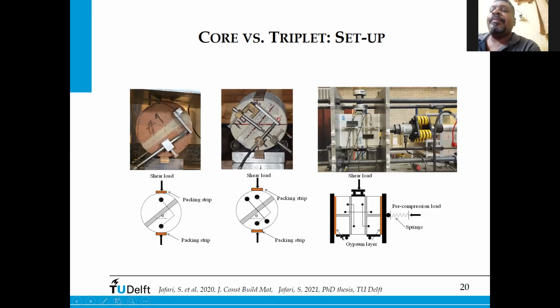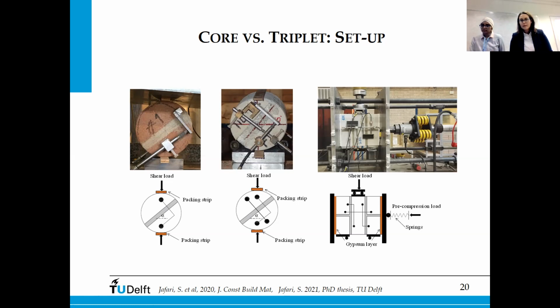Here the pre-compression is applied through a reaction-based mechanism, applied to the entire plate with a jack, and the shear force is applied at the middle brick, right? Yes.